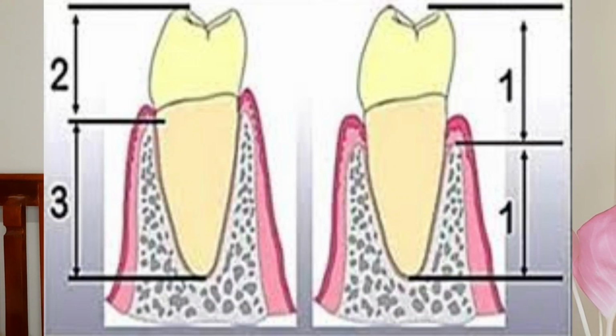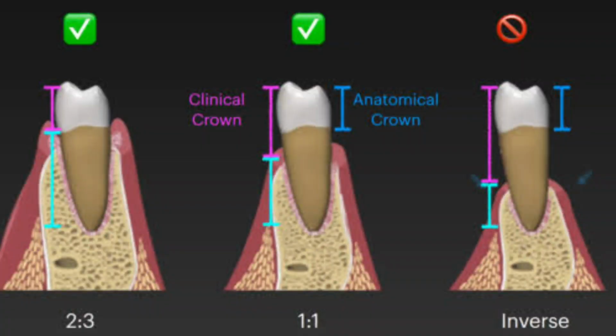If there is a periodontal defect, a resorption of the ridge and a loss of periodontal support for the abutment teeth, and you are going to use it, there should be a minimum of 1:1 ratio, and the optimum ratio is 2:3. That is, the unsupported area should be 2 parts and the supported area should be 3 parts.